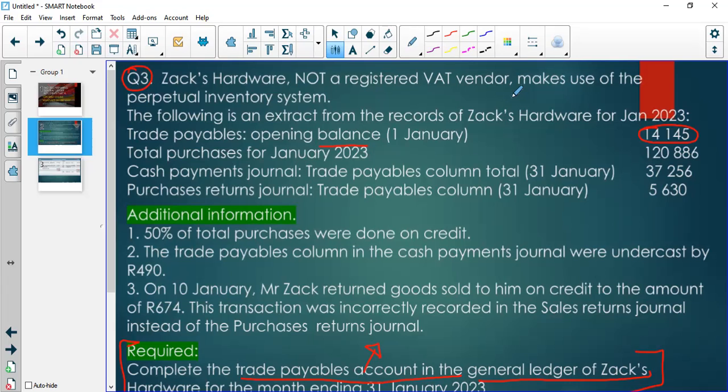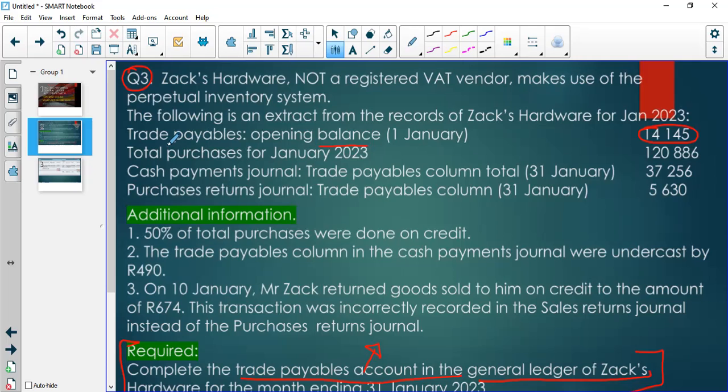So if there's an opening balance on something that increases on the debit side, then we assume that it's on the debit. If we have an opening balance for something that increases on the credit side, then we assume it's a credit balance, unless specifically told.